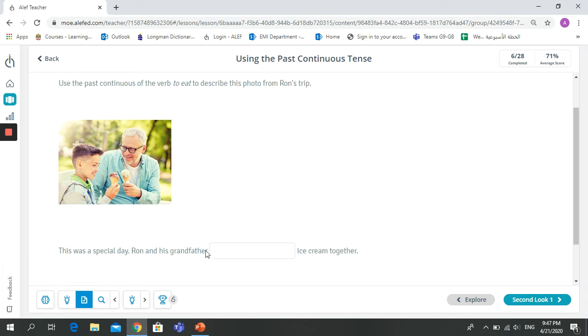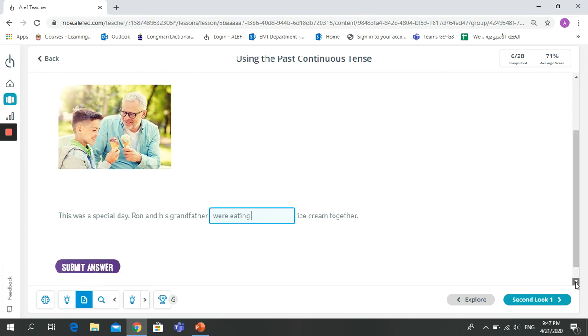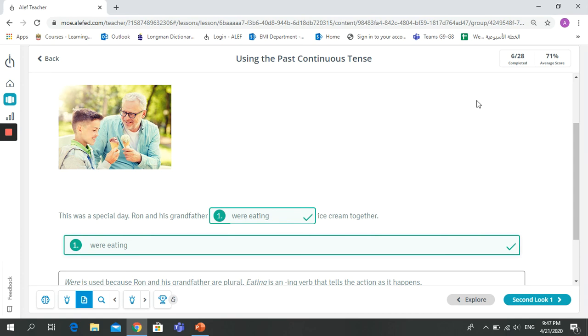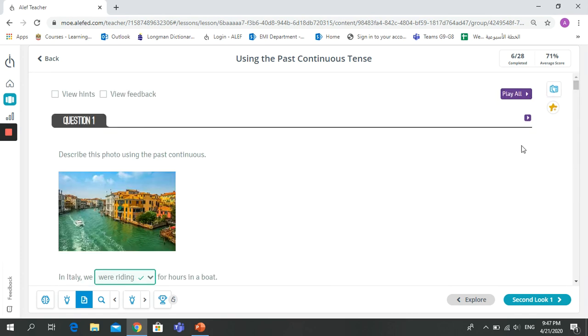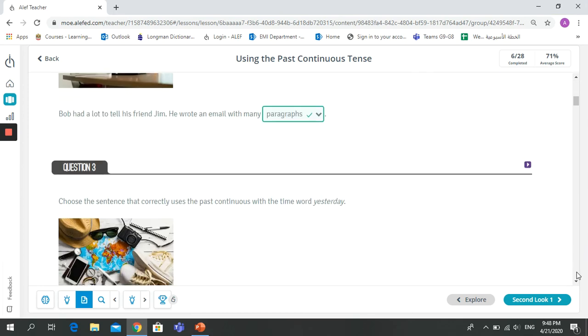Ron and his grandfather is plural. So they take what? Were, not was. And the past continuous from eat is eating. This is the continuous form. So we say Ron and his grandfather were eating ice cream together. Let's check our answer here. Well done. Let's take the last example, which is question number 8.